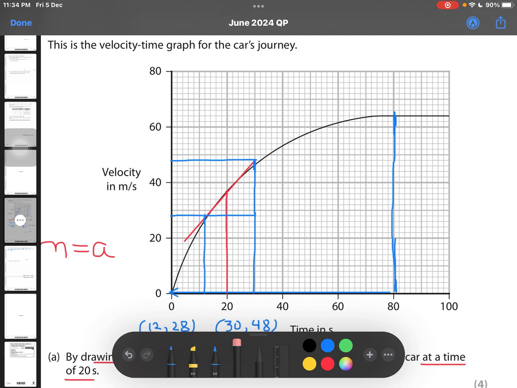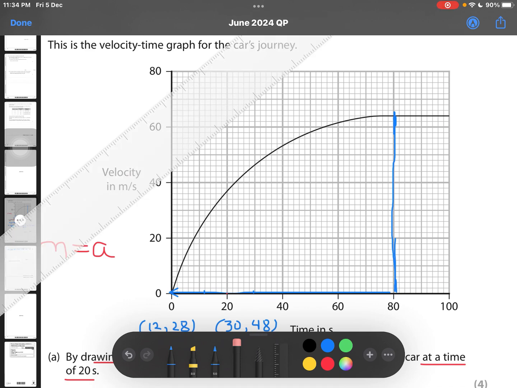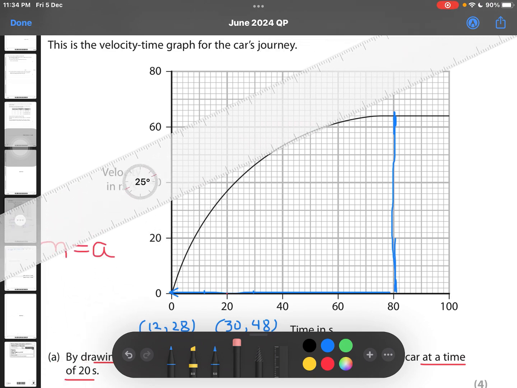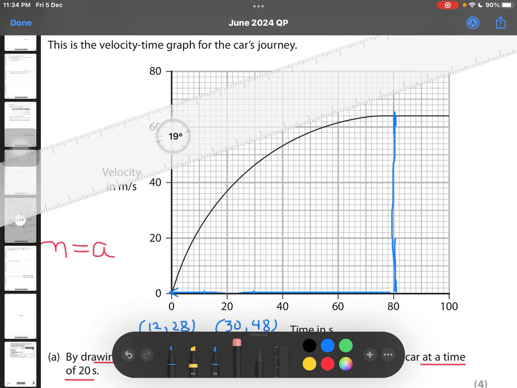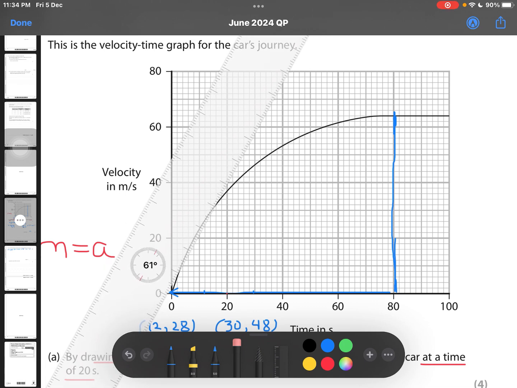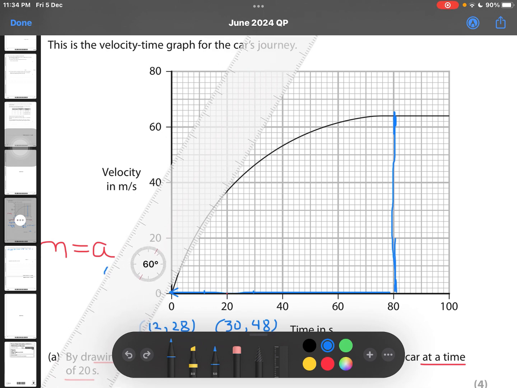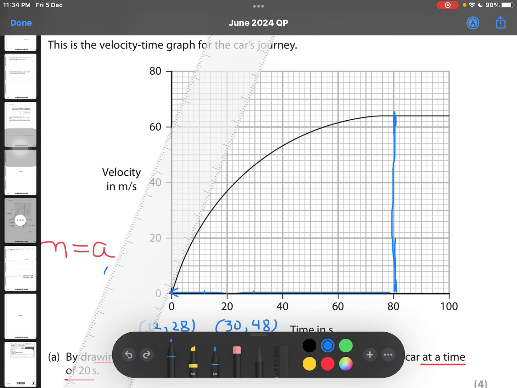Okay, so what we're gonna do here is I'm gonna erase this part, and I'm gonna try to draw a line like this. Okay, so we need to get a triangular part from the 0.